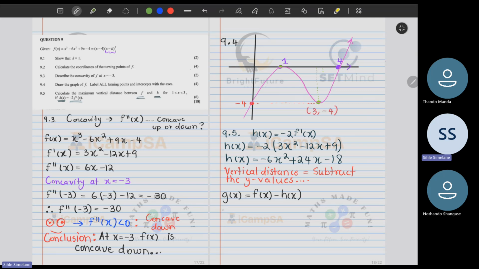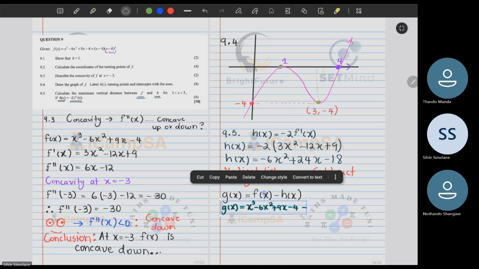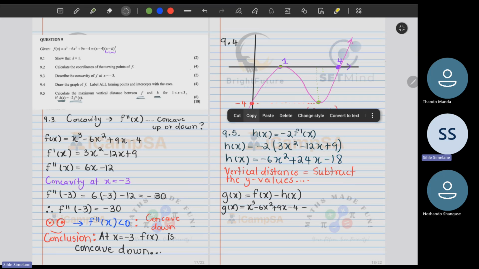This g of x will therefore be equal to x cubed minus 6x squared plus 9x minus 4, minus this h of x. Okay, let's copy it.